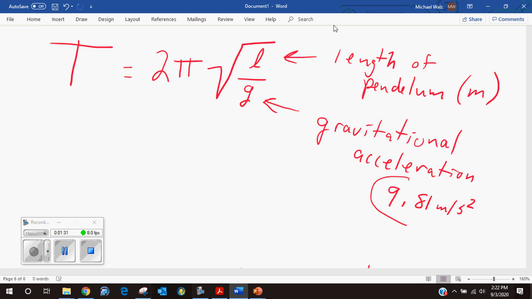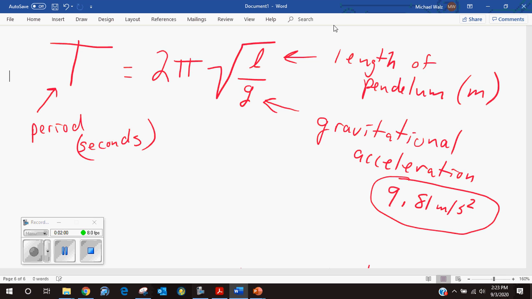So we'll use that when we're in lab, but we'll use 10 when we're just doing our homework because we just use it so much that it's easy to subtract or to multiply and divide by 10. And they say you can use it on the AP test as 10, so it's good enough for us too. Okay, and this big T is period, and that is measured in seconds.